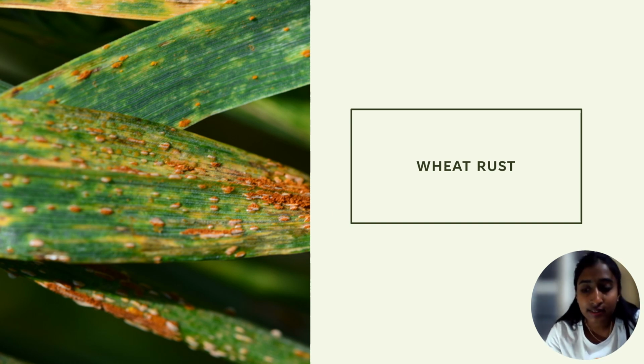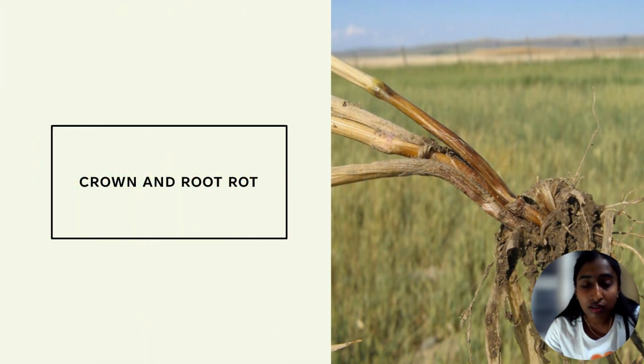The next disease is crown root rot. As we see in the picture, this part is called the root rot, and this is called the crown. I'll move on to the next disease.